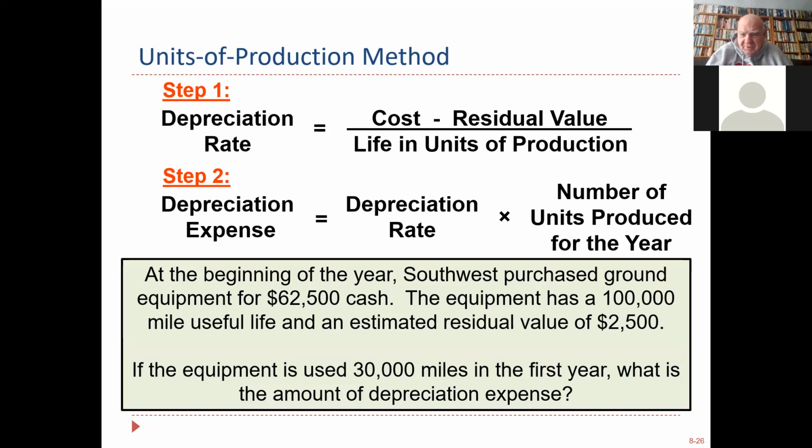And they estimate that this equipment is going to cover 100,000 miles. Those are your units of production, the miles. So we got 62.5 minus 2.5. It looks to me like that would be 60 cents a mile if I did that in my head, right? So the first year, they drove 30,000 miles.